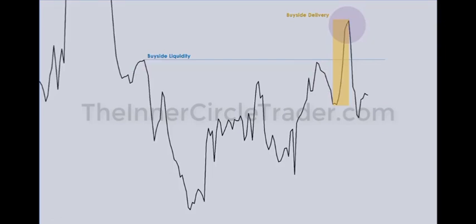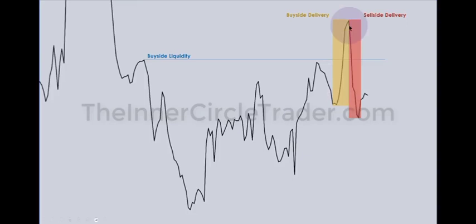And as you probably would have guessed, when we're looking at price going lower, this here is what I refer to as sell-side delivery. So the express purpose of running above these relative equal highs, that function has been performed. So now price could, if we're bearish, move lower and then trade back below the previous rally low.